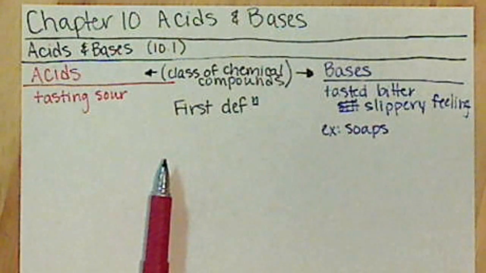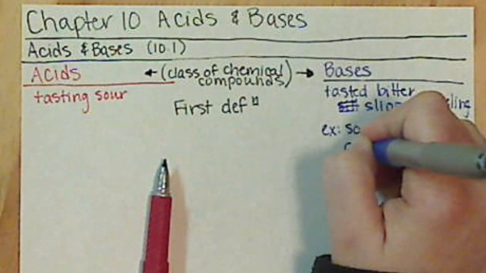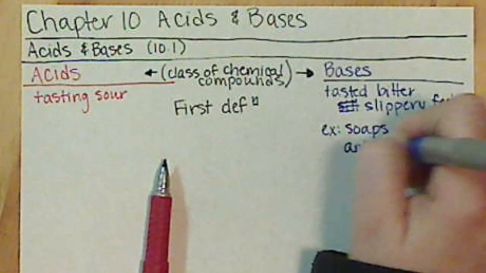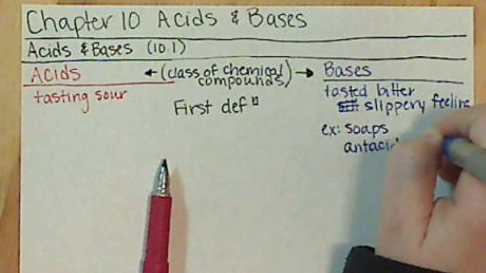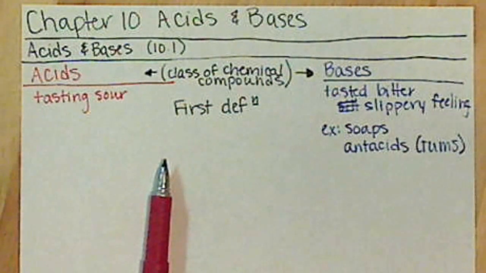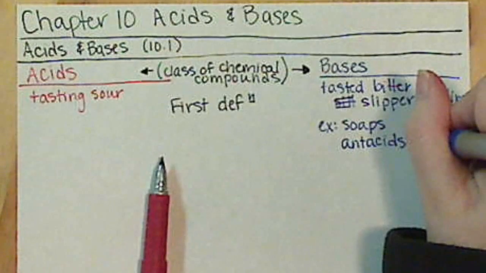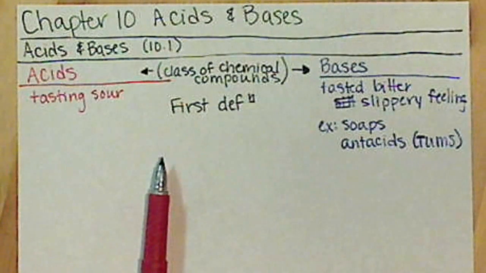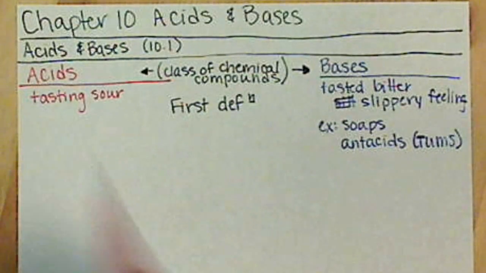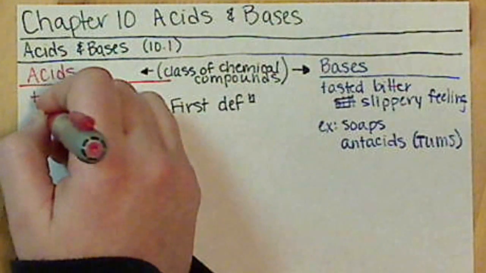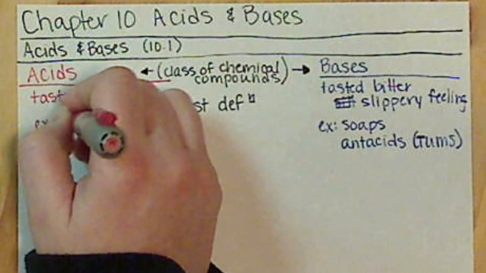Another example of a base are your antacids, say, your Tums. If you have an upset stomach or have acid reflux, you know what Tums are. For acids, some examples would be your citrus fruits.